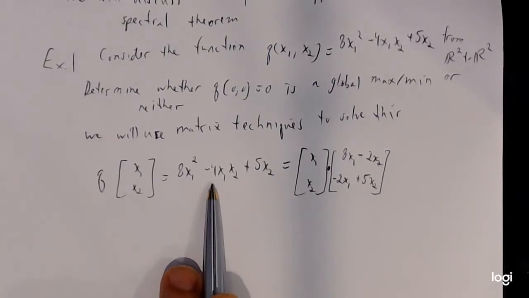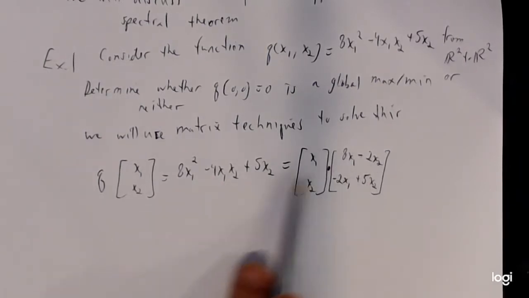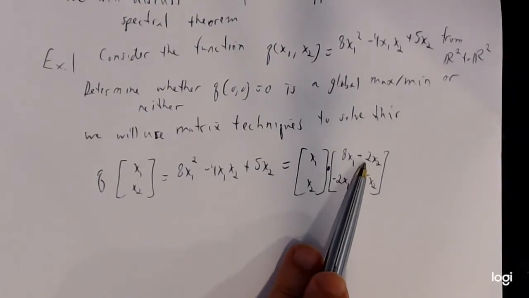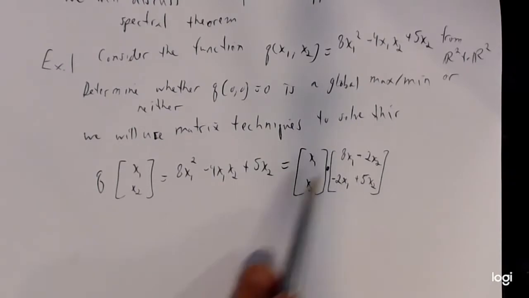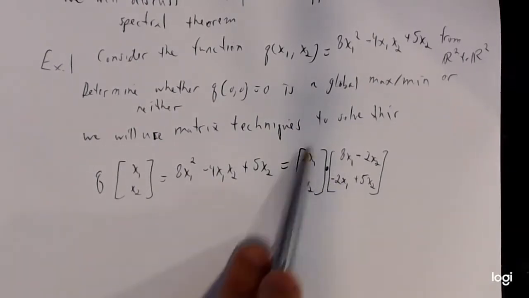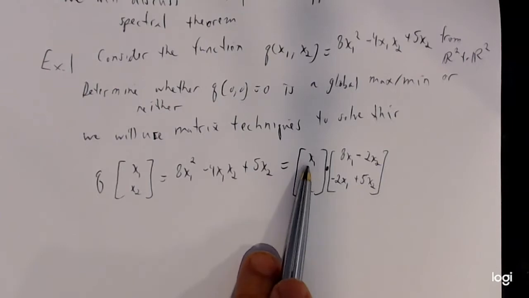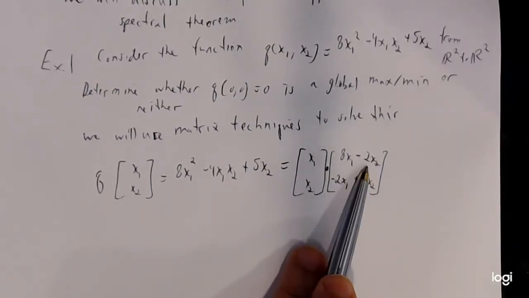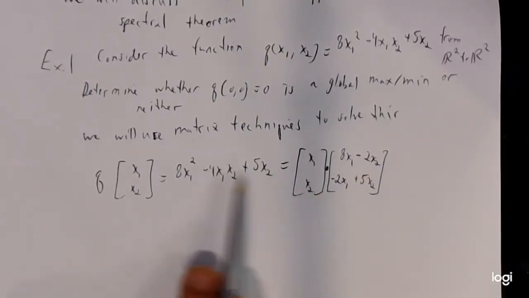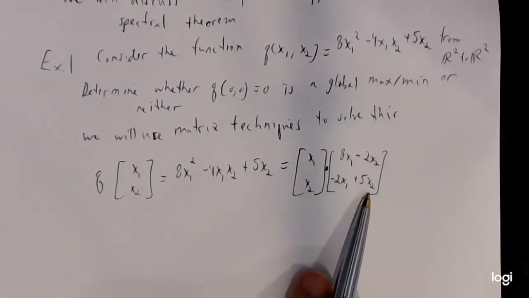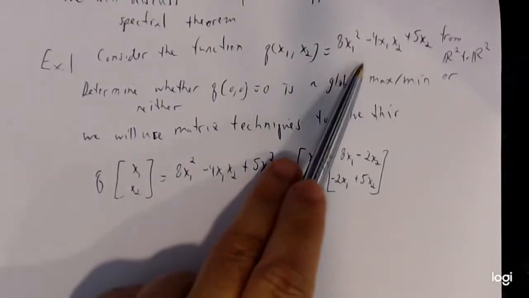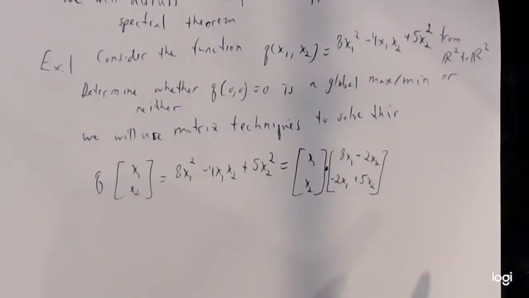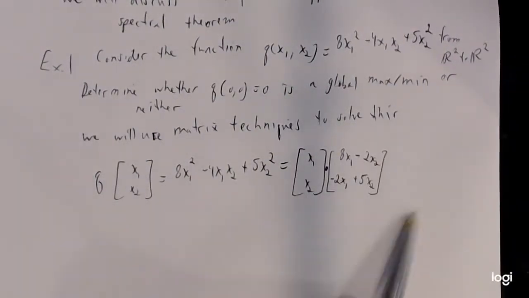The negative 4, I split in half, giving negative 2x sub 2 and negative 2x sub 1. If we dot this, I should get that back: 8x sub 1 squared minus 2x sub 1 x sub 2 minus 2x sub 1 x sub 2, which gives minus 4x sub 1 x sub 2 plus 5x sub 2 squared. I left out the square earlier; it should be 5x sub 2 squared.